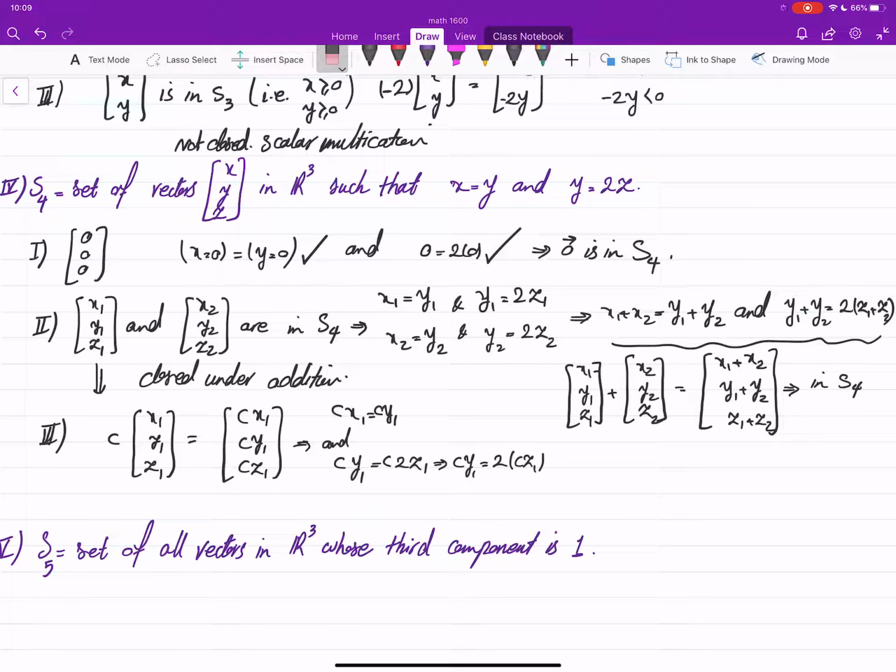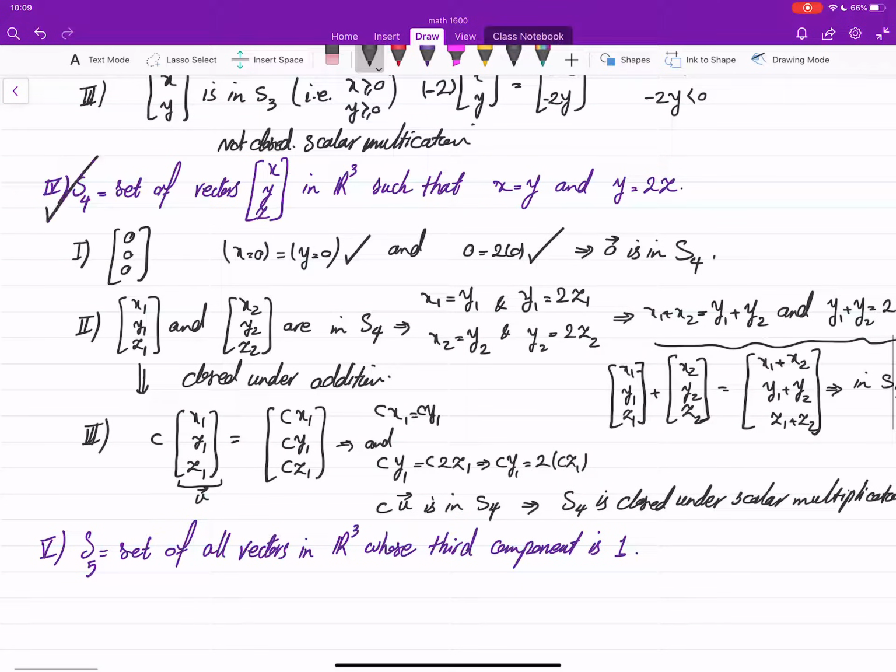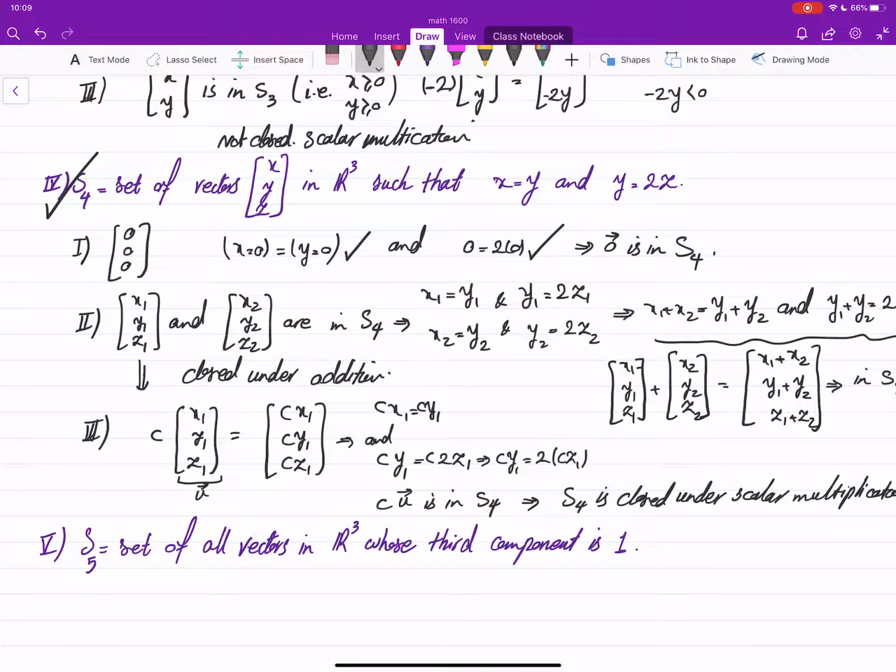As a result, if I call this vector u, it means that cu is in S4. So that means that S4 is closed under scalar multiplication. Okay, so it was closed under everything. So this is, yes, a subspace of R3.